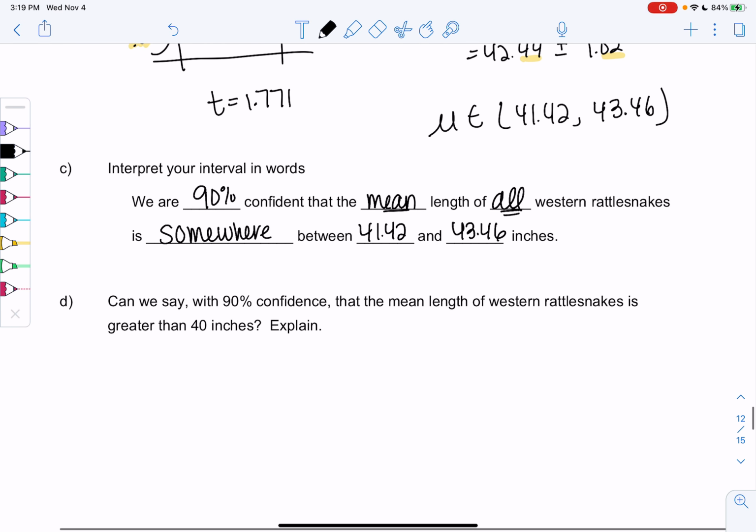So that's the average. There's easily a rattlesnake that's only 40 inches. There's easily a rattlesnake that's 45 inches, right? But the average is somewhere in this interval.